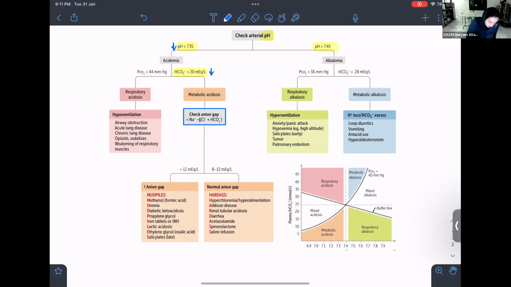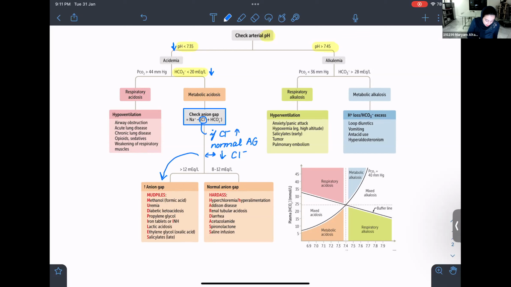Why is this the way we're calculating the anion gap? Because remember, if chloride increases, that means there's a normal anion gap. If chloride is the same or it's low, that means there's another ion that's creating that gap for you.